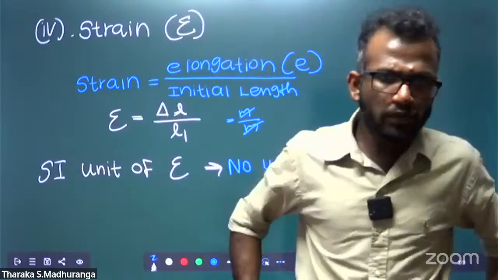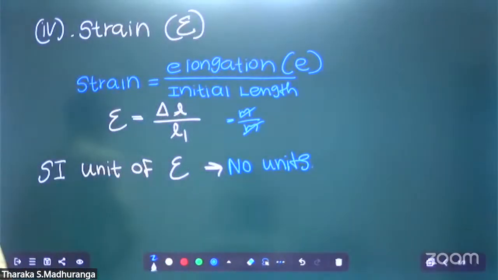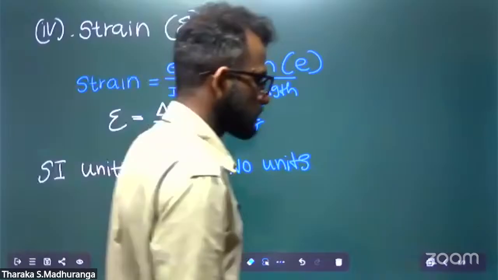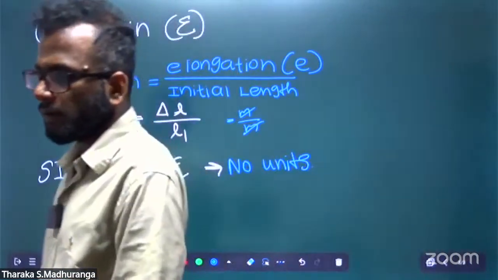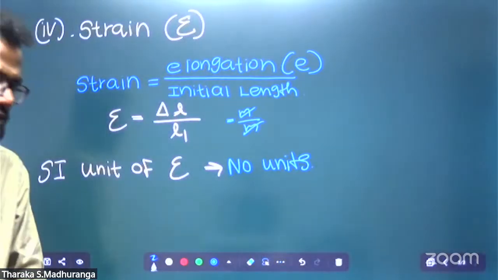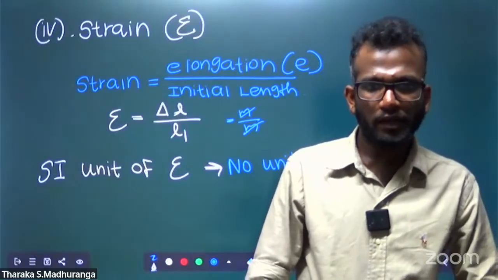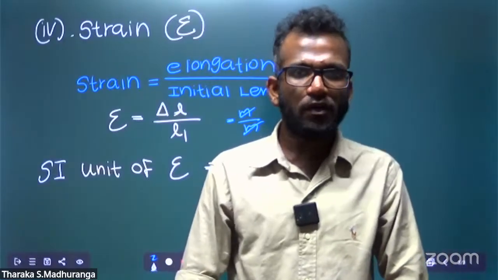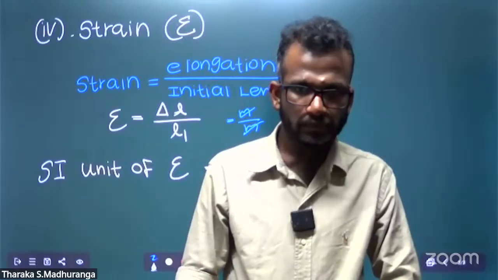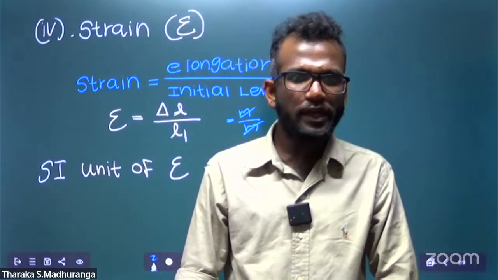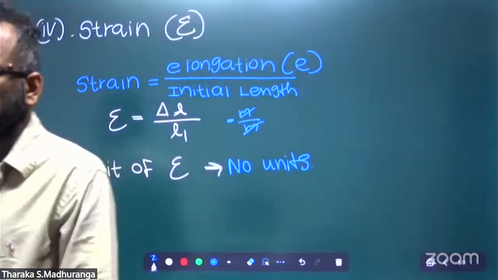Okay, write down, then you can note this down. First point: the ratio between elongation and initial length of any matter is called the strain.